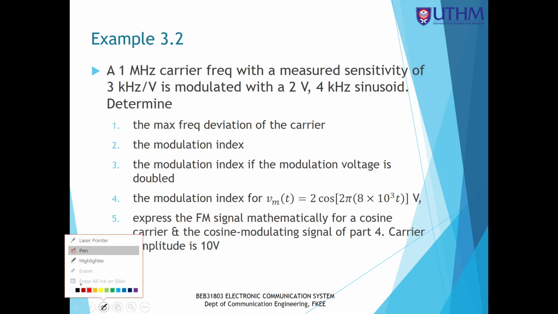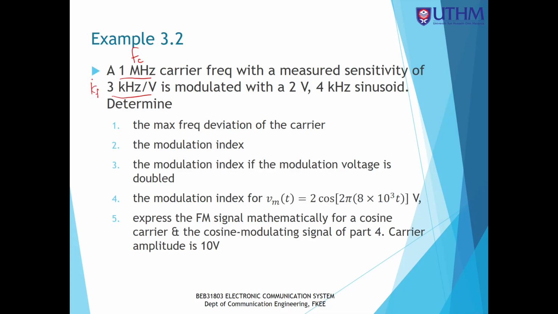This is the carrier frequency, FC. And this carrier has a measured sensitivity of 3 kilohertz per volt. This is actually referring to the KF, the frequency deviation sensitivity parameter.